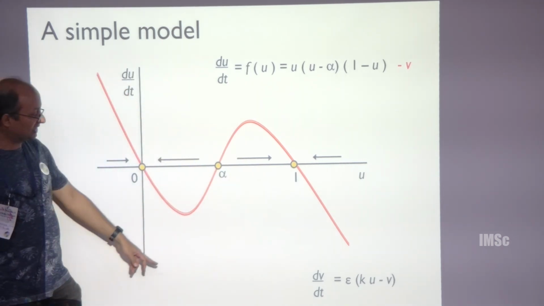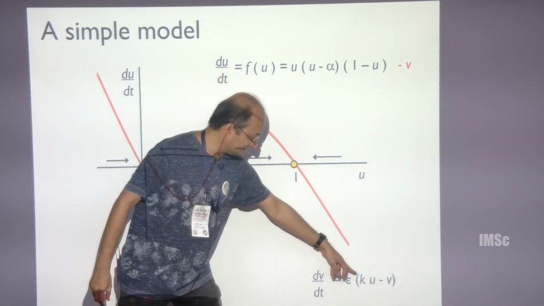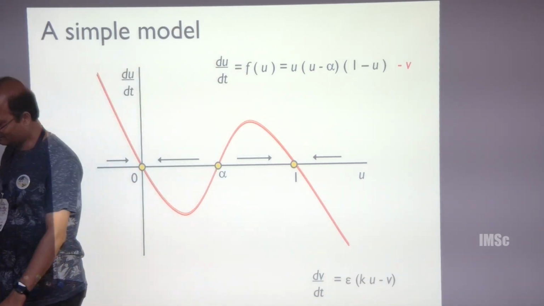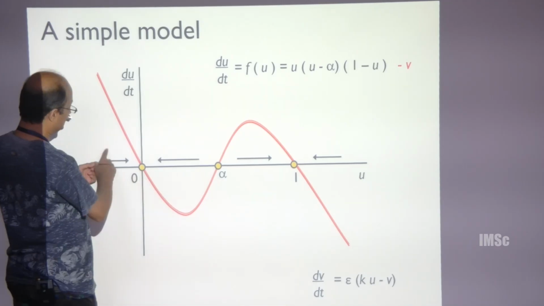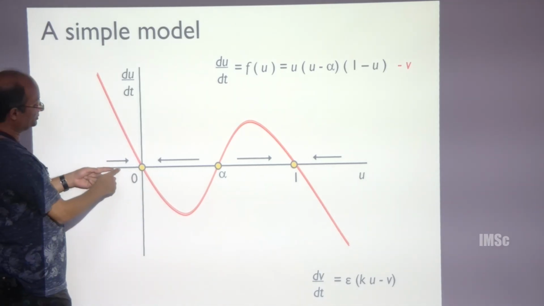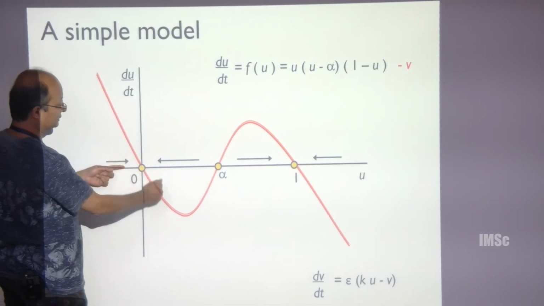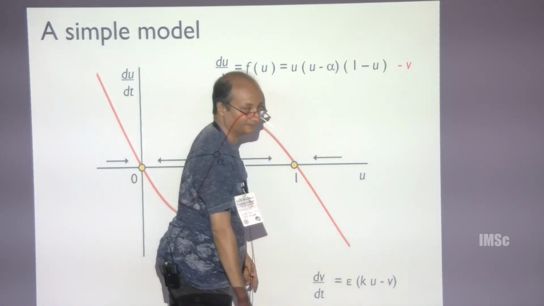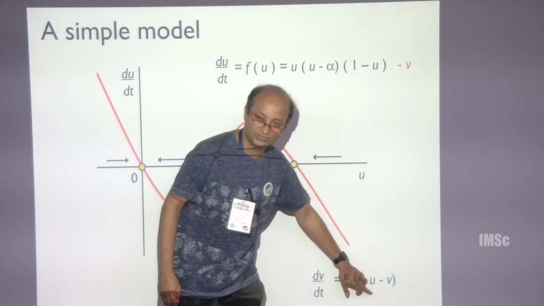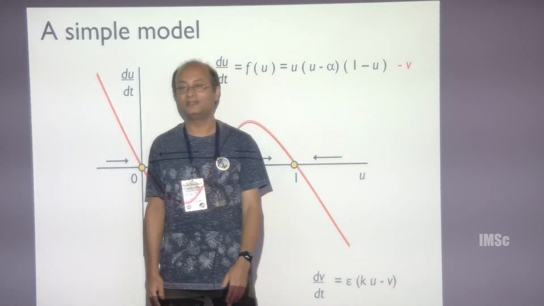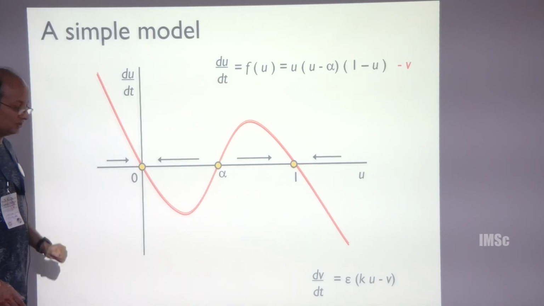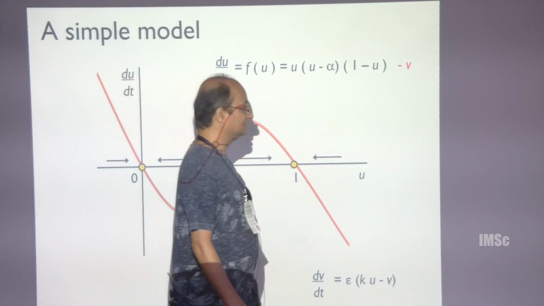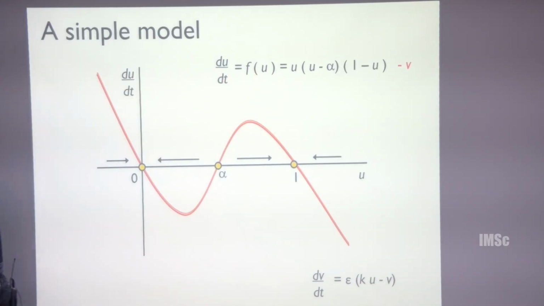That is why it has a k into u. K is just a constant of proportionality. But once you have reached here, you should make it relax back to the original case where v was 0. So that is why you have a minus v term. When u is very close to 0, it is this minus v term that will dominate, and dv dt equal to minus v ensures that you will go back to 0.